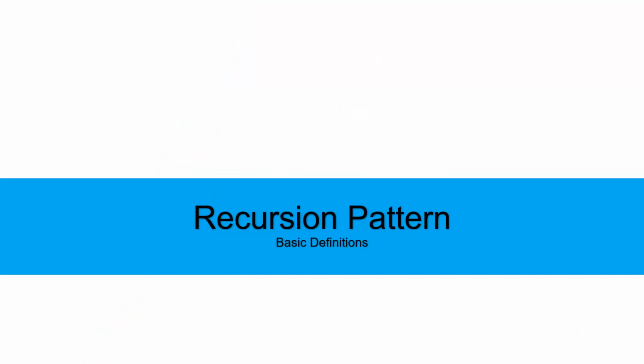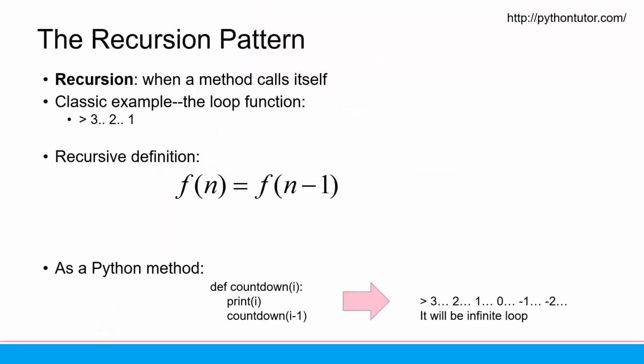For the recursion pattern, we need to understand the pattern and the definition of recursion. What is the meaning of recursion? Recursion is when a method calls itself. The classical example for this recursion is the loop function. If you understand loops, you can understand recursion.